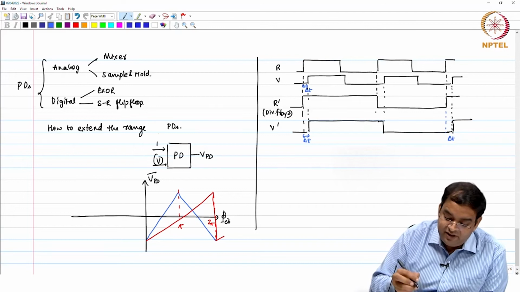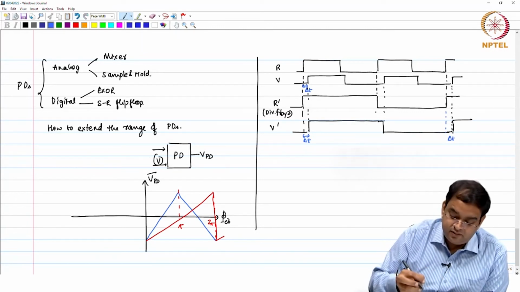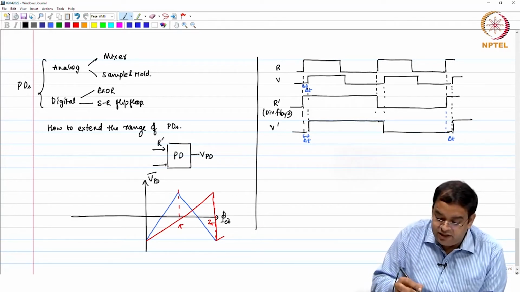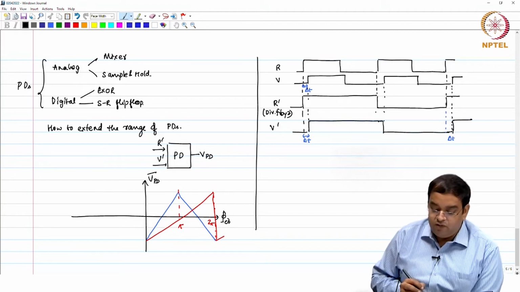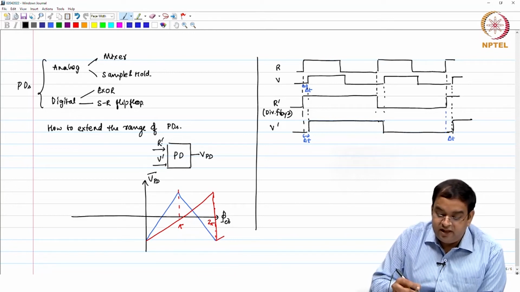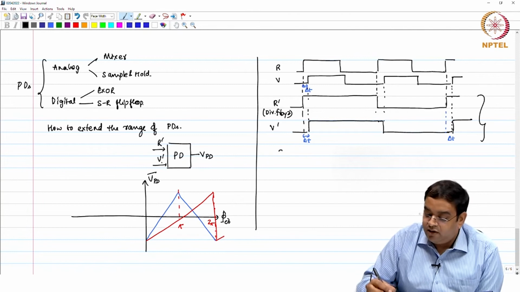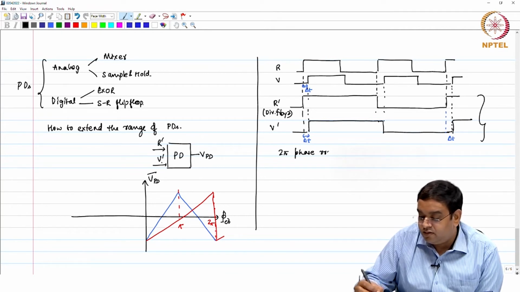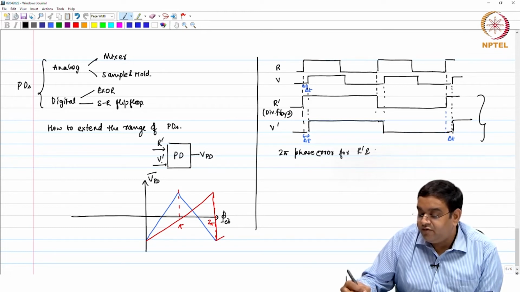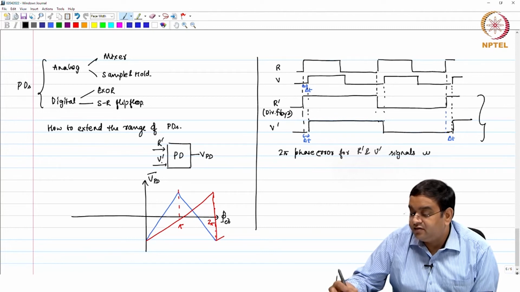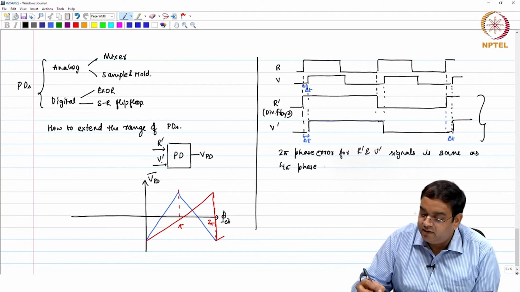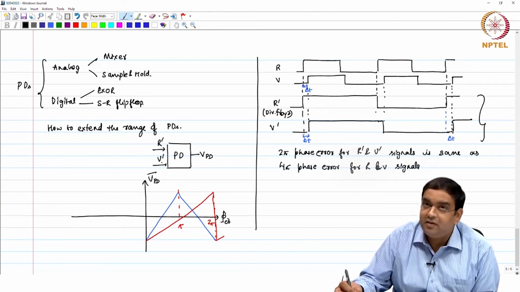Now, if I give R dash and V dash signals to the bang bang PD, I will measure the phase error between R dash and V dash signals, and looking at the plot here, 2 pi phase error for R dash and V dash signals is the same as 4 pi phase error for R and V signals, isn't it?